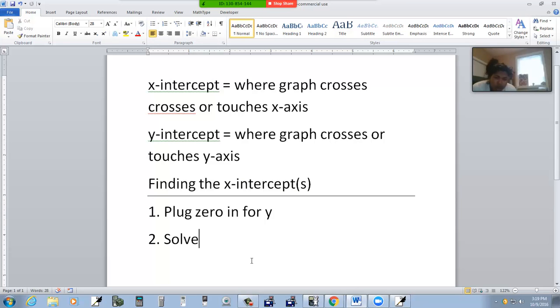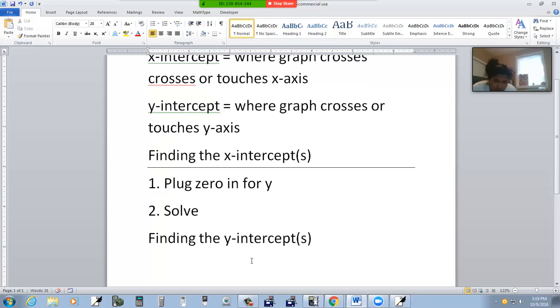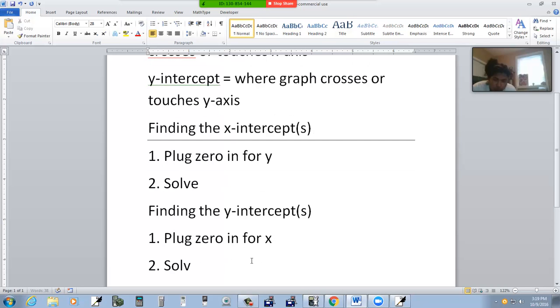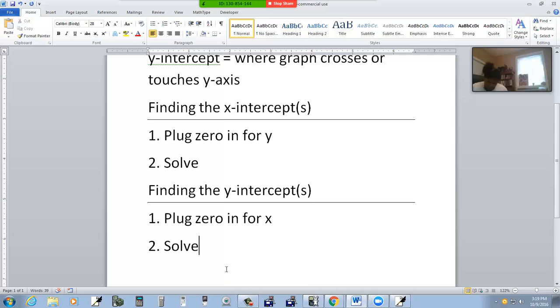You always plug 0 in for the other variable and then you solve. Now finding the y-intercept. First thing we'll do is we'll plug 0 in for x, and then we'll solve. So again, the same idea. You plug 0 in for the other variable, and then you solve.